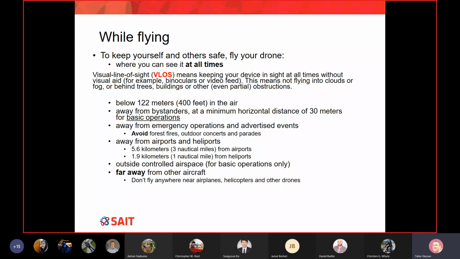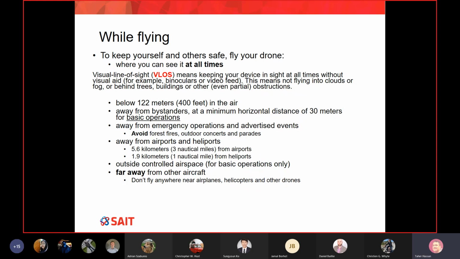Now, away from bystanders, if you are operating in basic operation, by at least 30 meters, and more importantly, you need to be away from emergency operations like police, fire, forest. All those you have to be away from them.